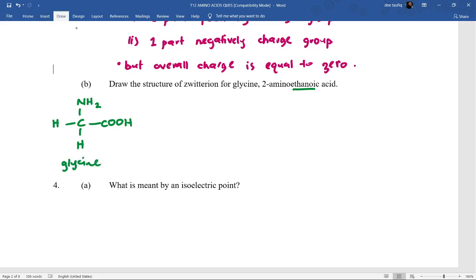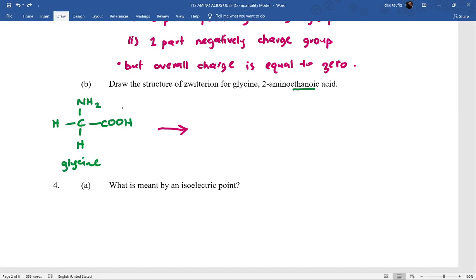So when we are going to form zwitterion of glycine, the carboxylic acid will lose its hydrogen, so ini akan hilang. So this hydrogen will be lost, dia akan transfer to nitrogen. Okay, macam mana dia buat? Okay, kalau saya nak buat, saya akan jadikan dia macam ni.